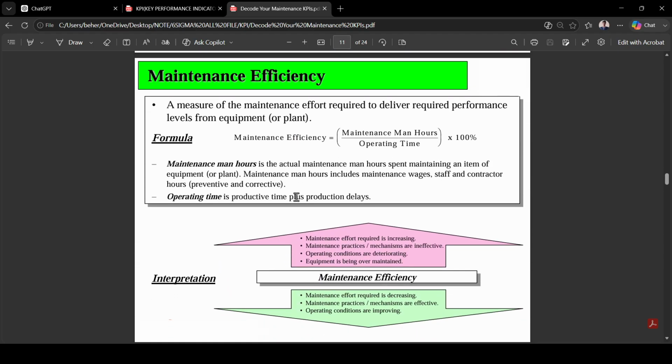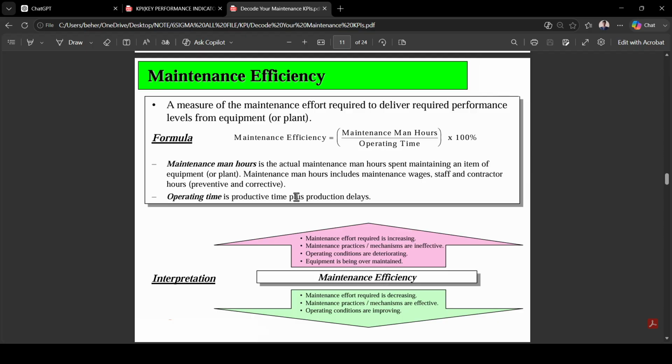Then maintenance efficiency, a measure of the maintenance efforts required to deliver the required performance level for equipment or plant. Maintenance efficiency equals maintenance man hours divided by operating time, multiplied by 100%.